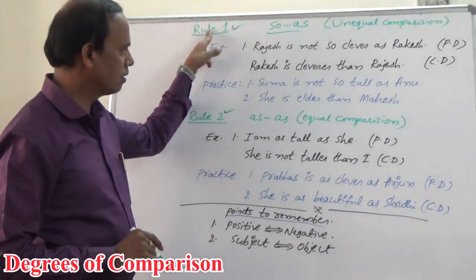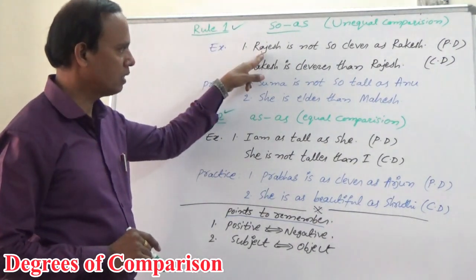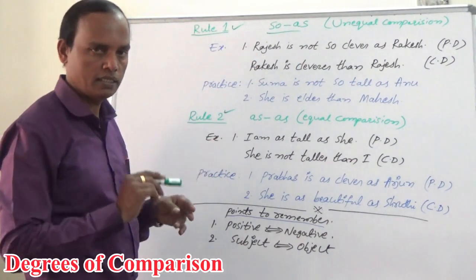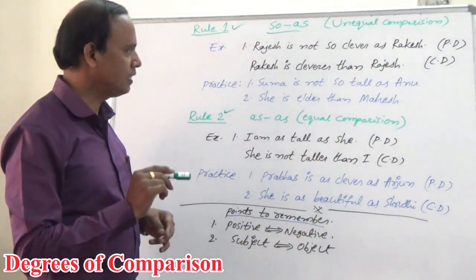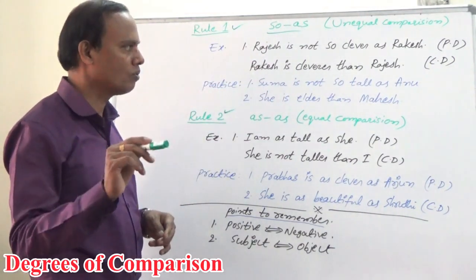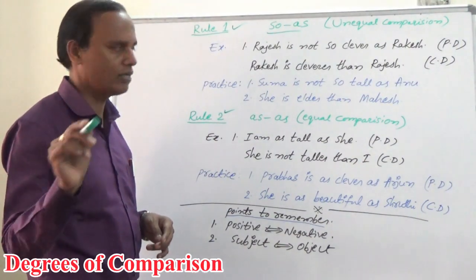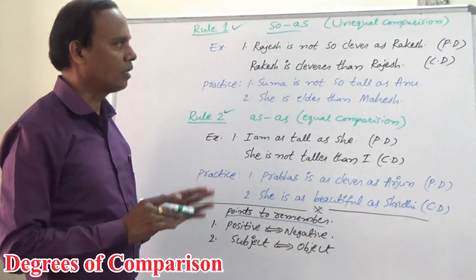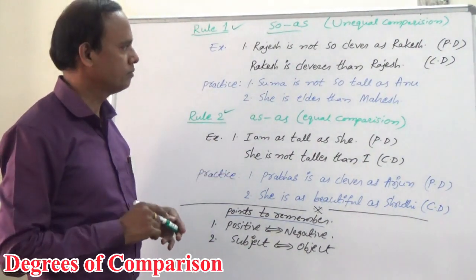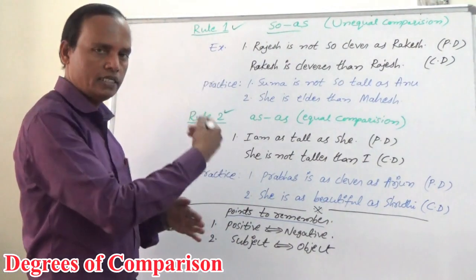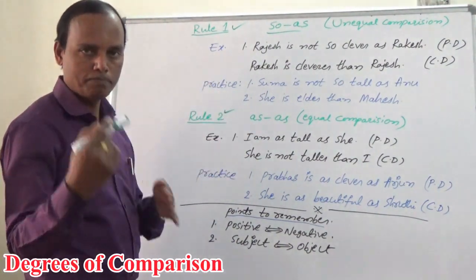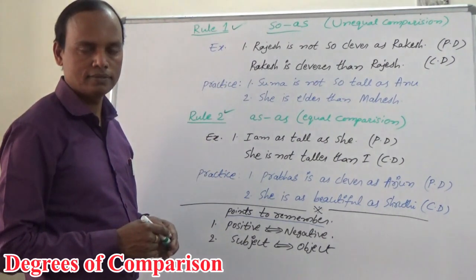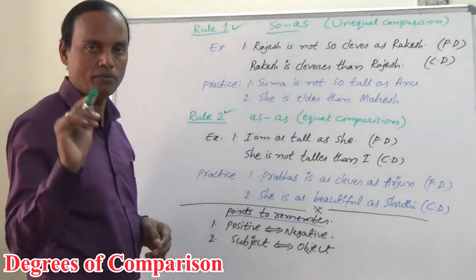Rule 1, the example is given in positive degree. Rajesh is not so clever as Rakesh. Unequal comparison. When you change from positive degree to comparative degree, there are some points you have to remember.